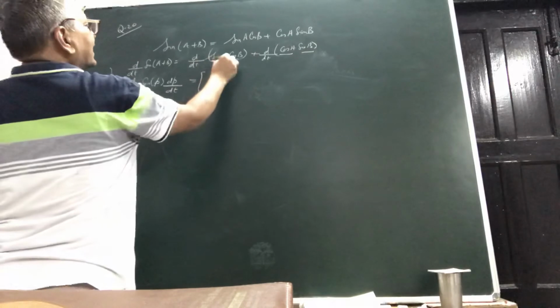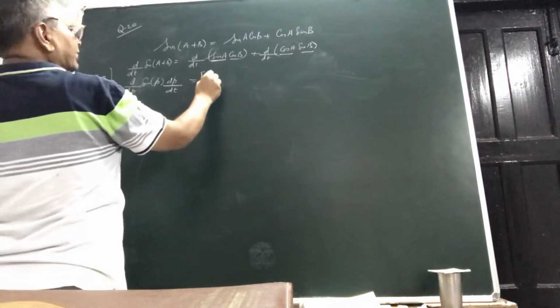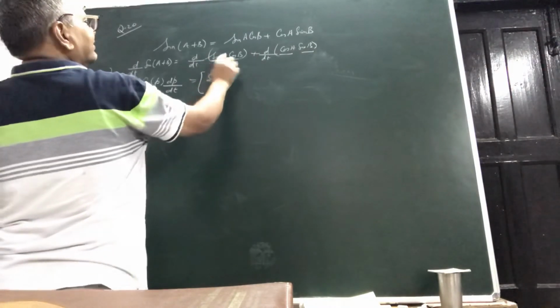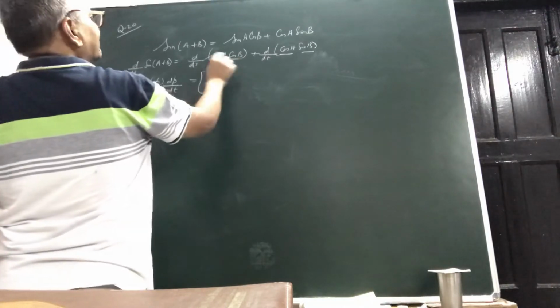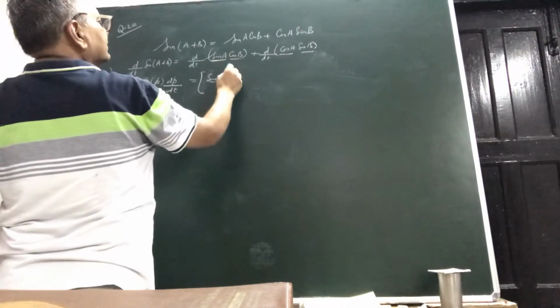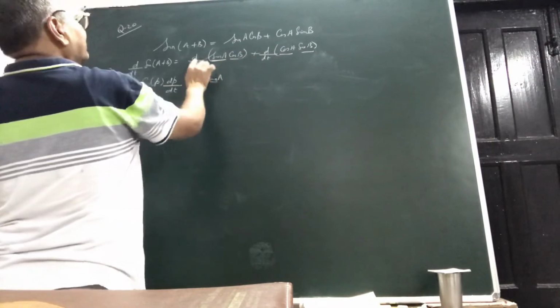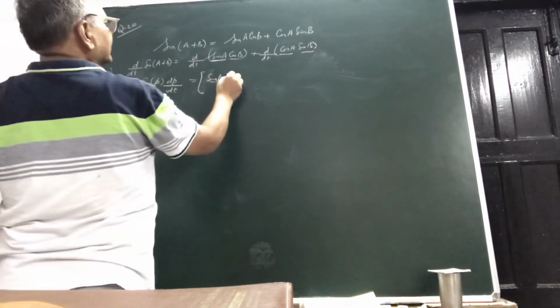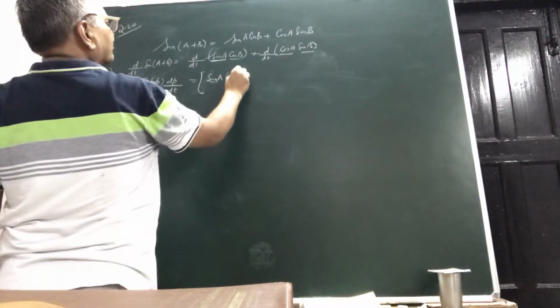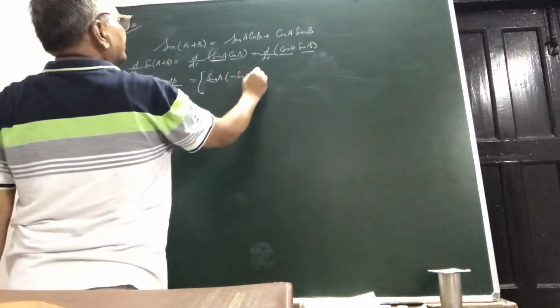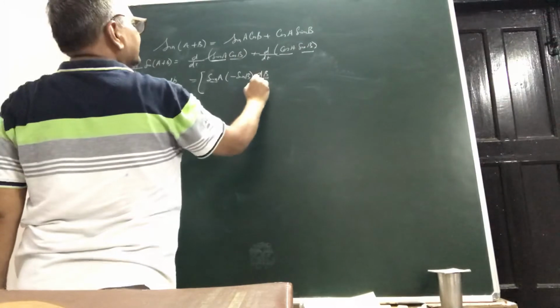See, first function, derivative of second function. So first we write sine A, then the derivative of the second, d by dt of cos B. Here you put B as the variable, so d by dB of cos B into dB by dt. And cos B gives me minus sine B into dB by dt.